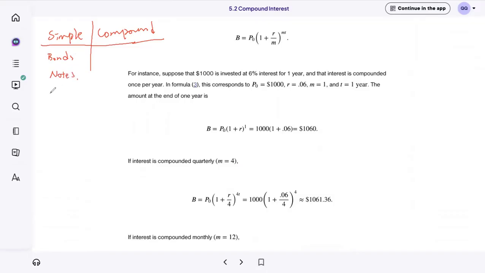You just buy the face value, and when the mature date comes, you can get your money back. So your initial investment plus the interest. But for bank institutions, they are mostly offering something called compound.